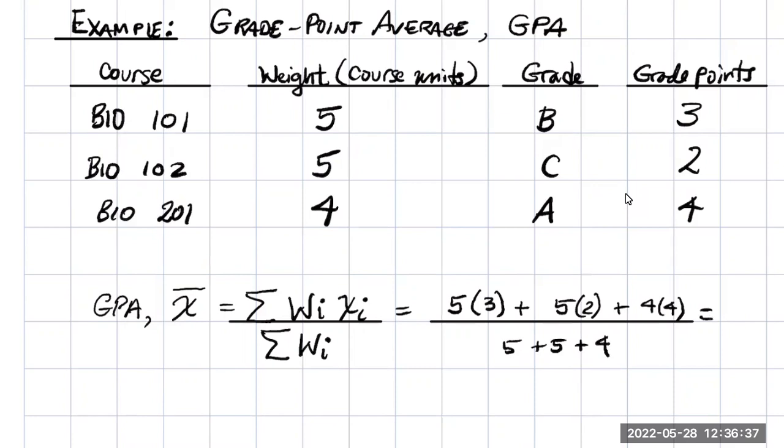And you can verify, gang, with your calculator, this winds up being 2.93. Okay, it's a weighted average or a weighted position, if you will. Okay, there's nothing special about the formula itself. This formula right here, it just gives you a weighted position.